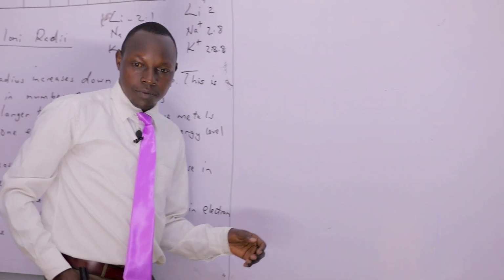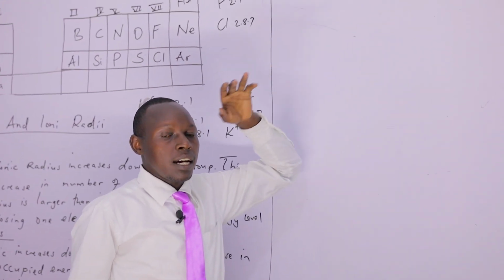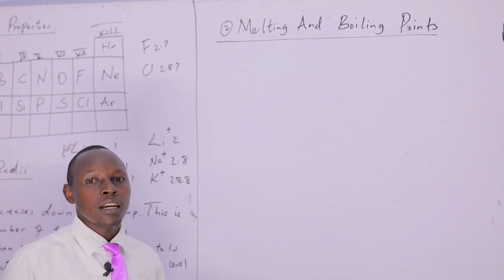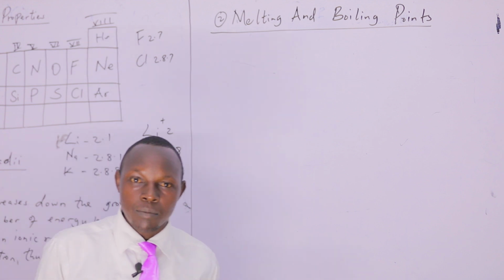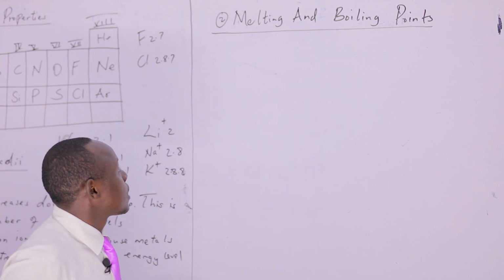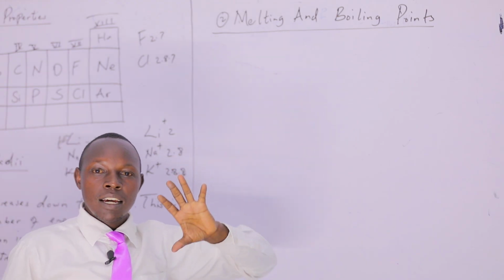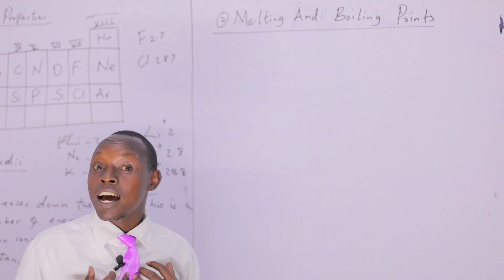Now, melting and boiling points, when a substance is heated, definitely it melts, then it boils. Now, here is something I want us to grasp again. When we talk about melting and boiling points, it has to do with the forces of attraction in an atom.